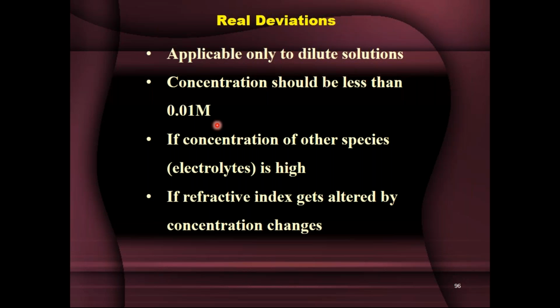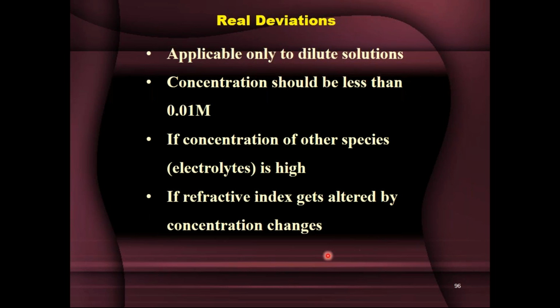If they are changing, then the proportionality between A and C is lost. But this is a very rare occurrence. This change in refractive index is very rarely seen because we are dealing with low concentrations, less than 0.01 molar. At such low concentrations, it's very rare that the refractive index will change. And if it doesn't change, there is no question of the molar absorptivity or epsilon changing. So this third thing is rarely seen, but the second one may be seen quite frequently.